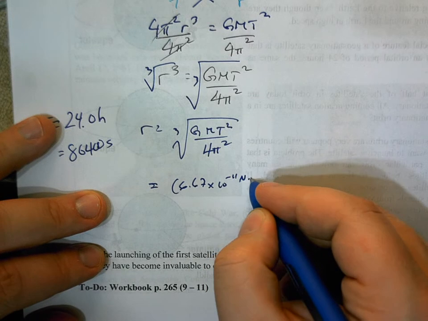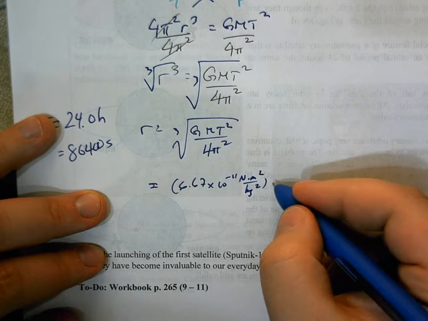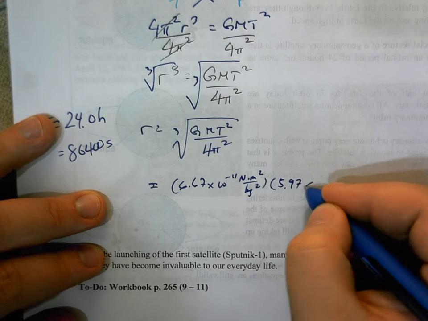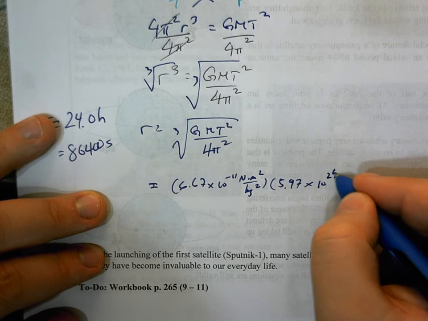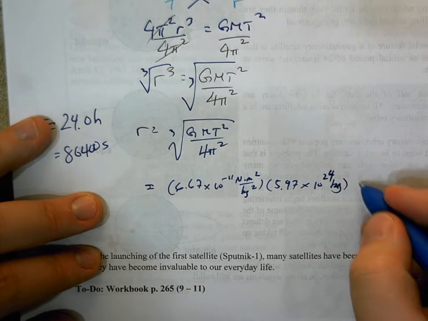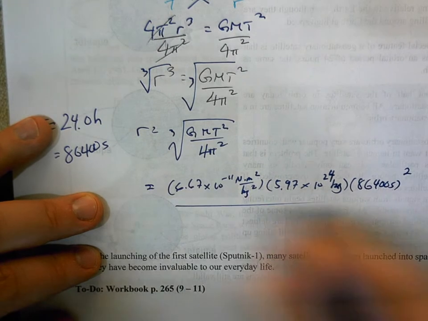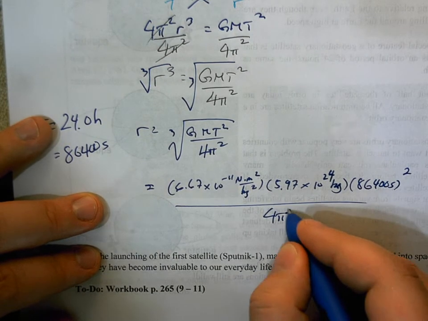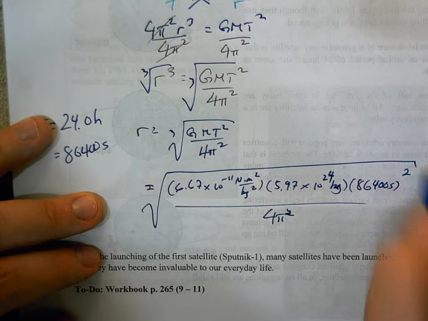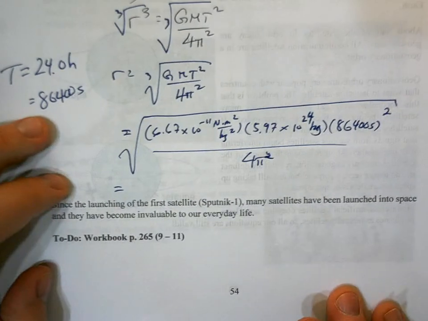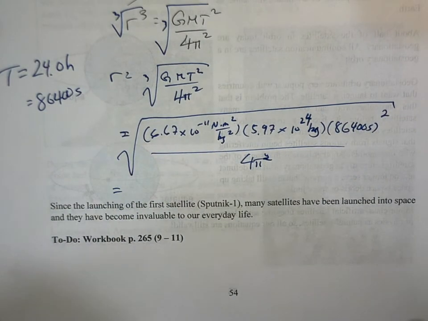So we're going to use our gravitational constant times the mass of the Earth times our period for a geostationary satellite squared. Then we're going to divide all that by 4 pi squared. Again, a lot to put in the calculator. Take it real slow, take it very methodically here.